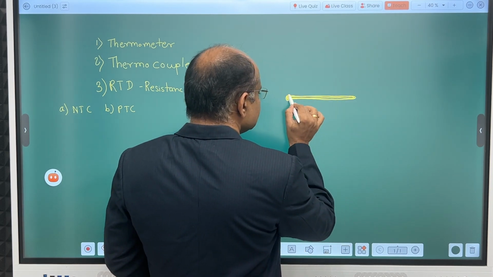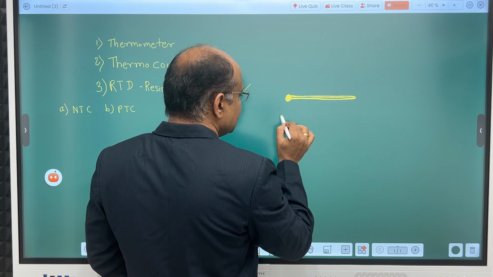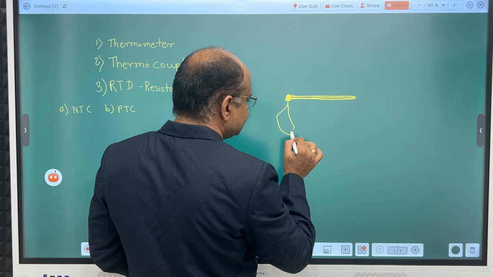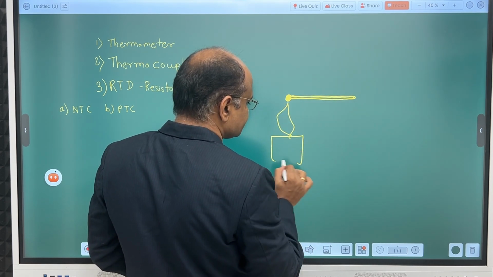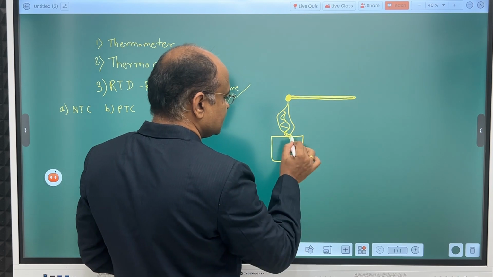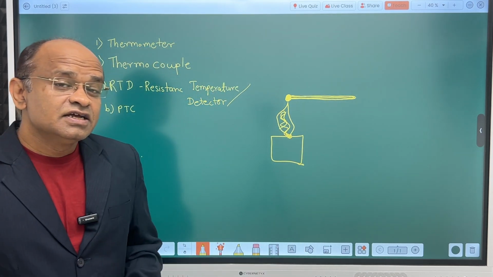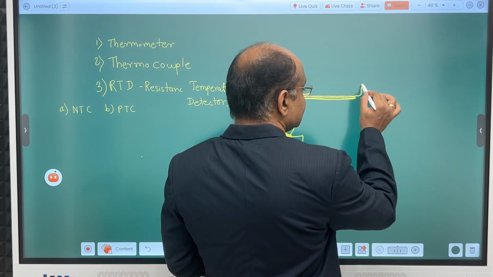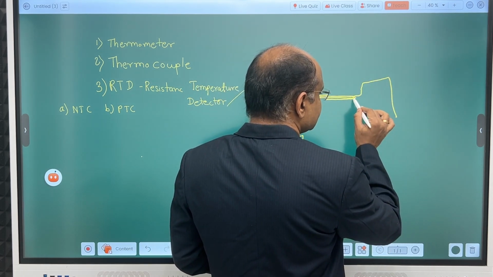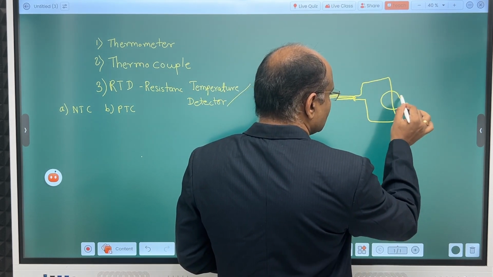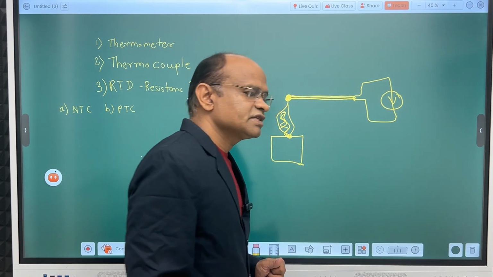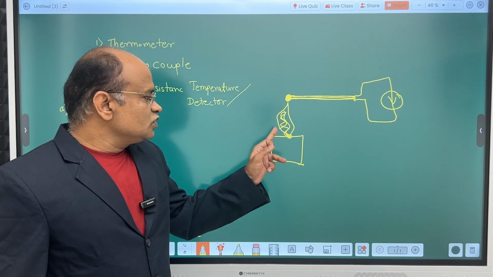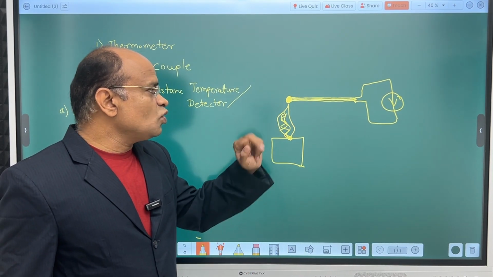These metals are connected here and heat is given. And here a voltmeter is provided. So now if we heat this junction, what will happen?